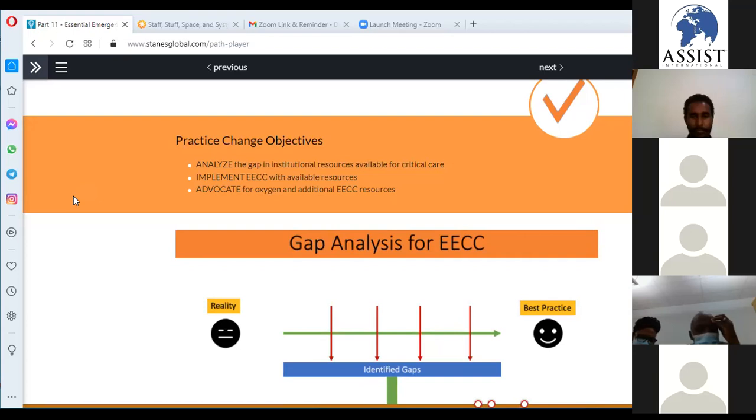That means what equipment are you lacking? What human resource are you lacking? What processes are you lacking? Or what setups, what systems, or what hospital systems are lacking in your institution to implement what we have discussed so far?